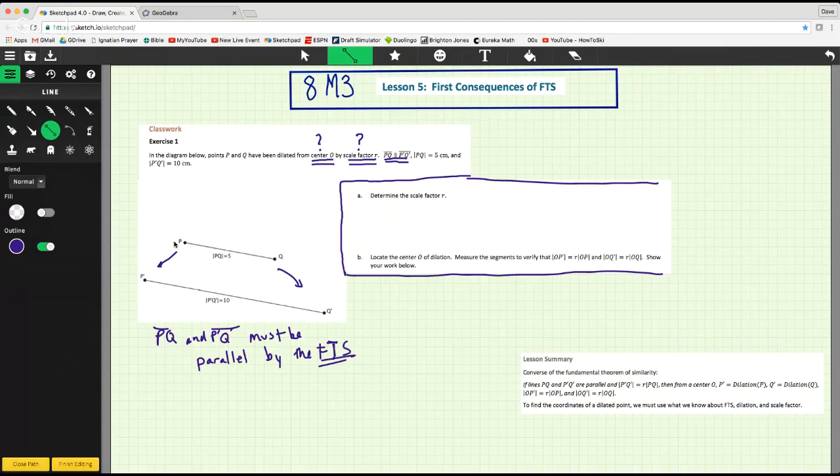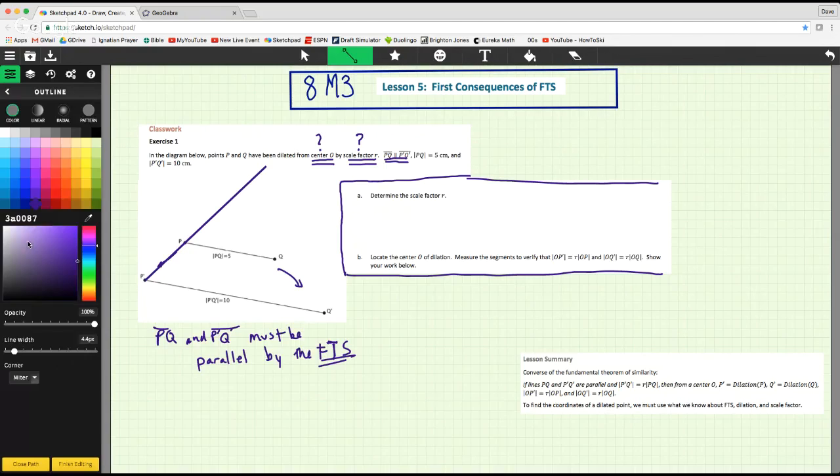So let's draw a line that goes all the way back, like that. I know that my O must be somewhere along that line, because if I dilated point P to P prime, it must go along that same ray.